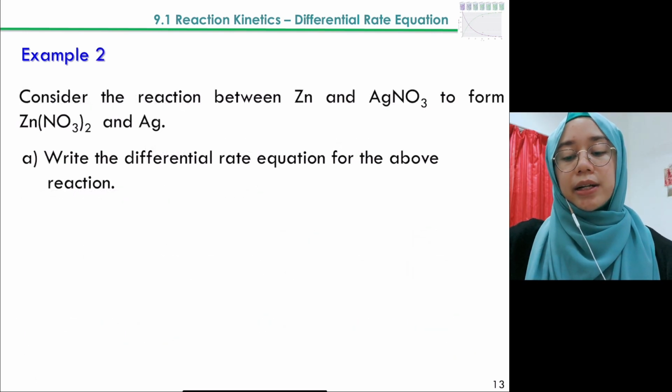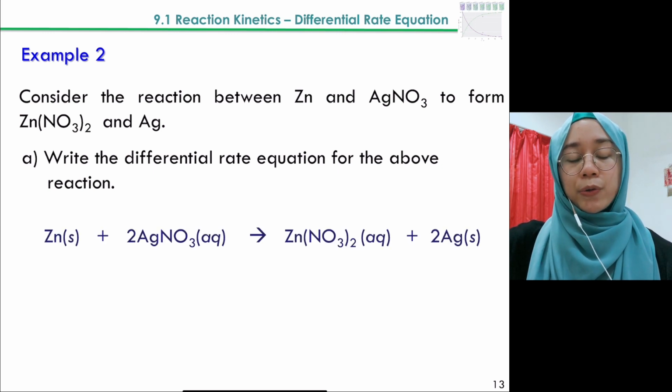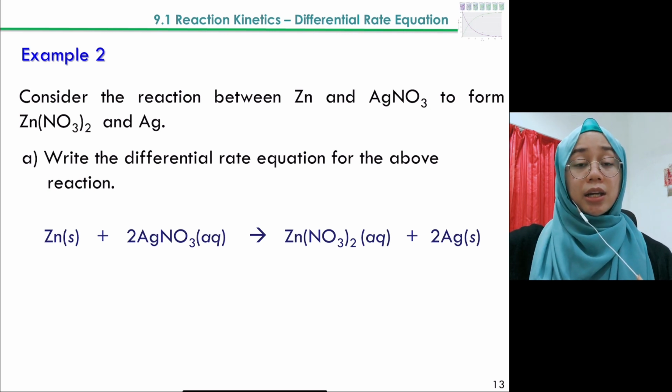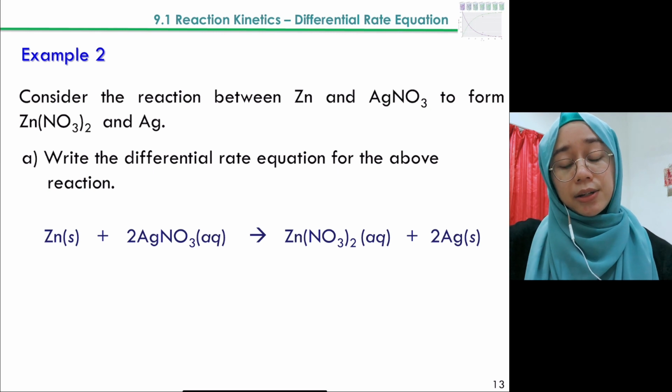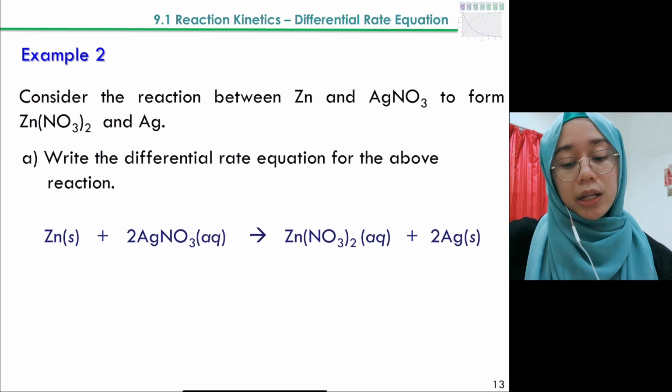So consider the reaction between the zinc and silver nitrate to form the zinc nitrate and also silver. Write the differential rate equation for the above reaction. Okay, so given to you equation kat sini, kita ada zinc in solid and then kita ada silver nitrate in aqueous, menghasilkan zinc nitrate in aqueous juga, and then ada silver in solid dekat situ.